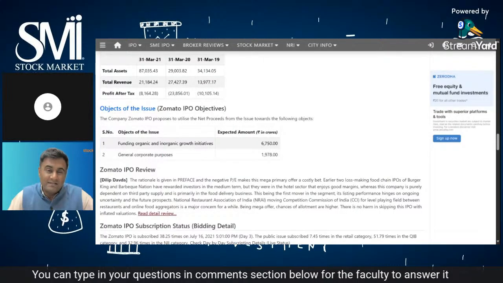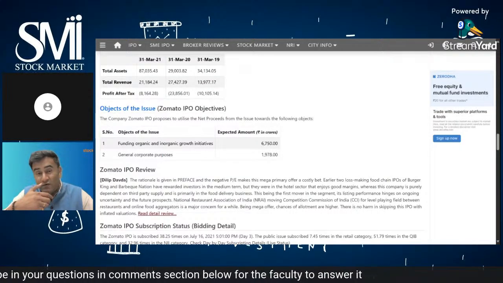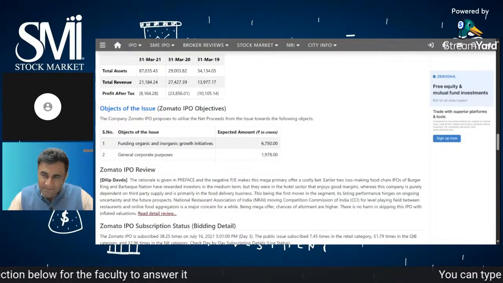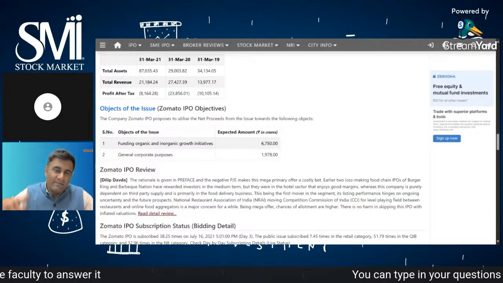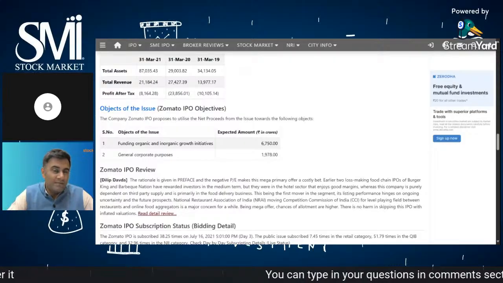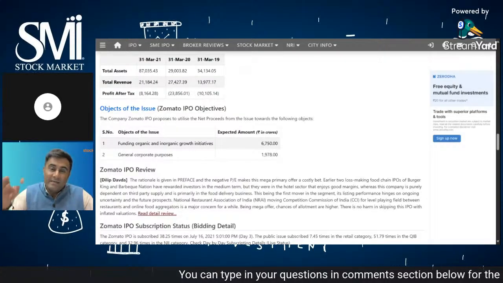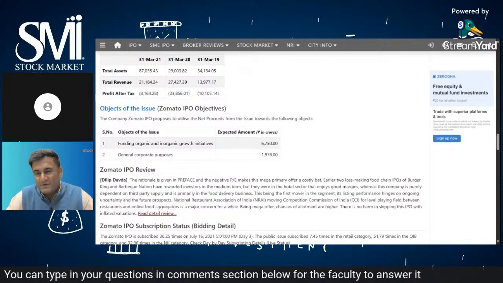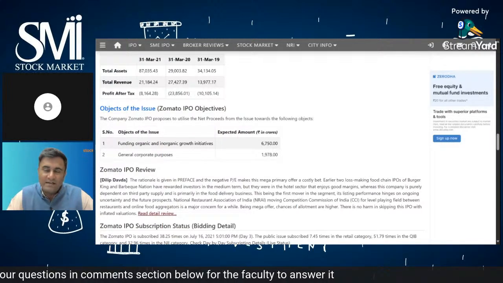The initial price that they came up with was too high. Market ended up rejecting it. So they started the IPO, but then they withdrew it midway, and then they came up with a much lower price. So that's what can happen, Tarun.